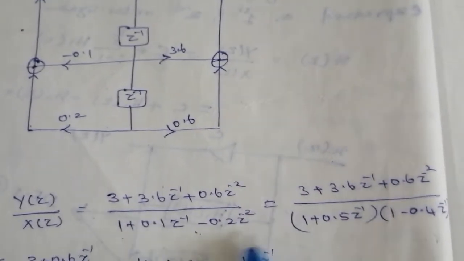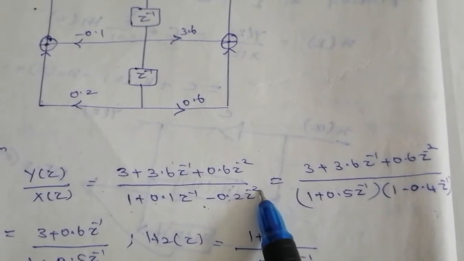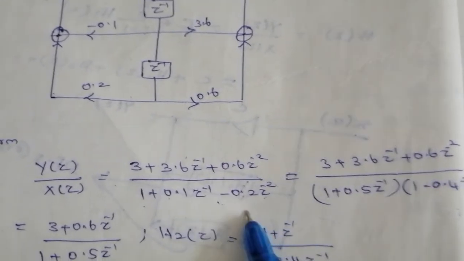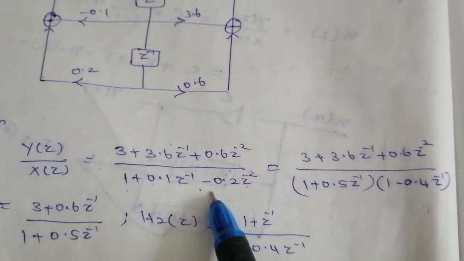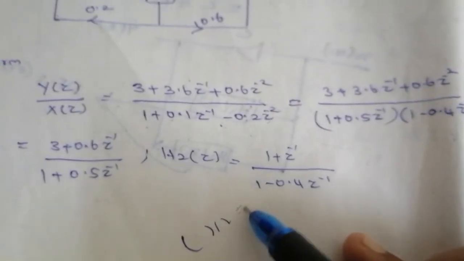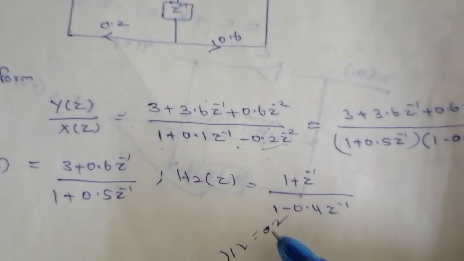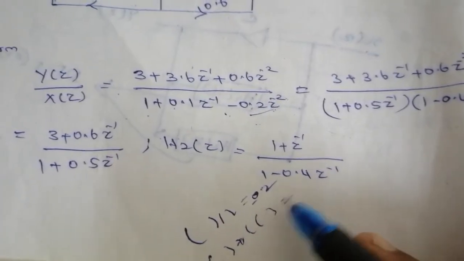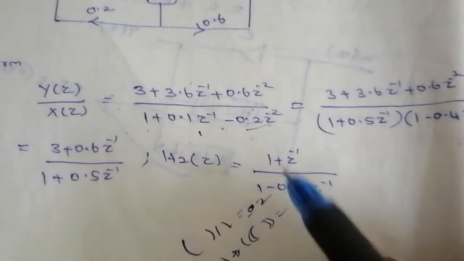So further to find this, here it is second order, so we are able to find two poles, right? If we multiply the two factors, we get the minus 0.2 value. If we add the two factors, we get 0.1 value.